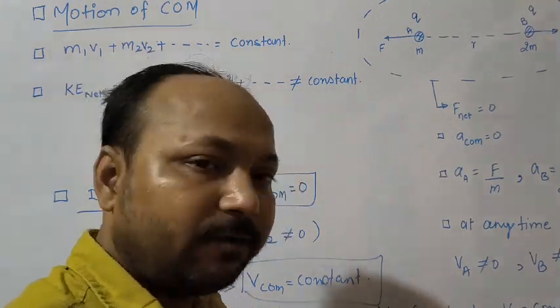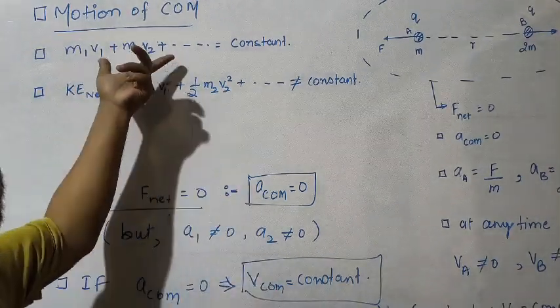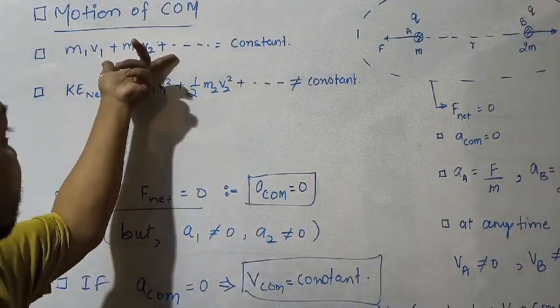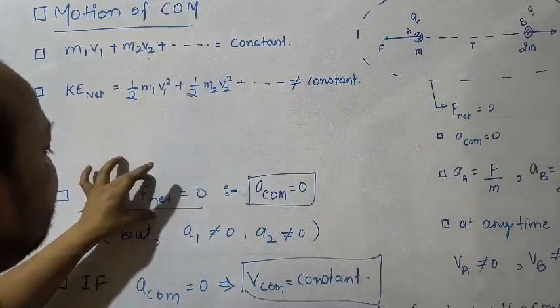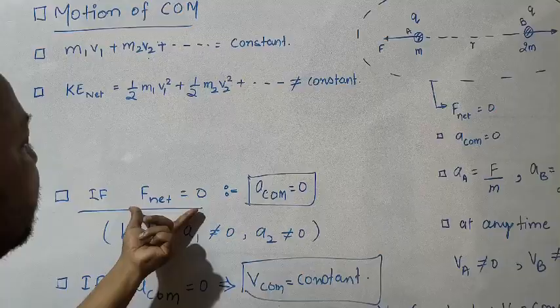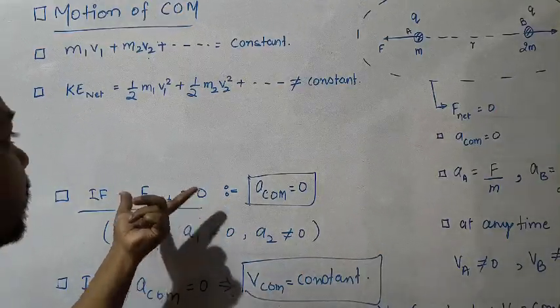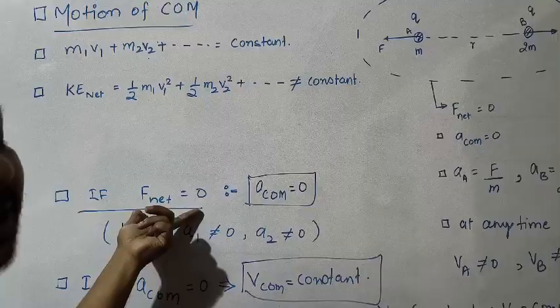Their velocities will be different and their accelerations non-zero. The momentum of the system will be conserved, because net force is 0, then dp by dt is equal to net force, so p must be constant.